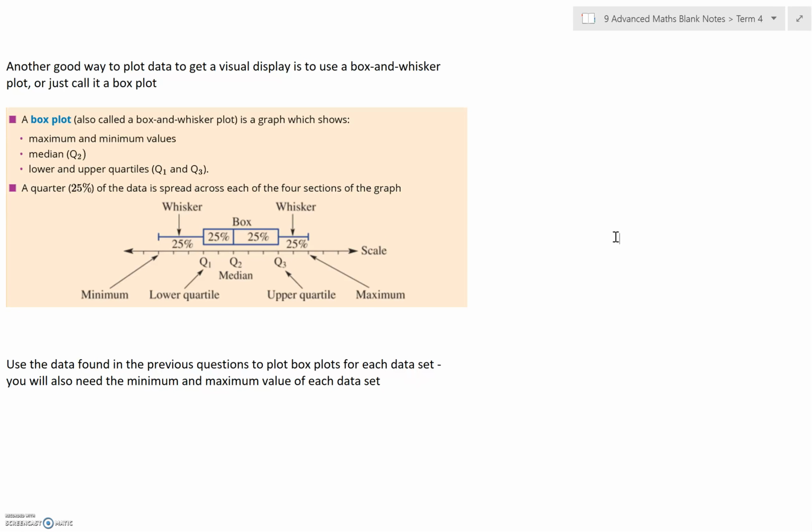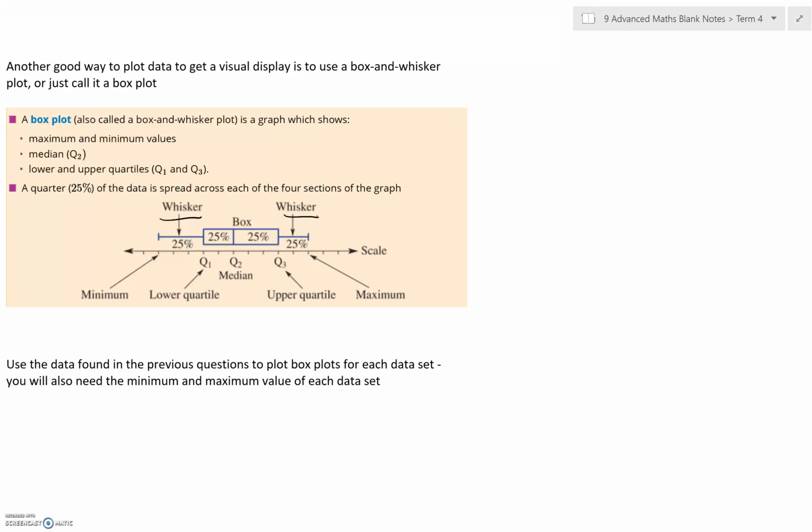It splits our data into 4 quarters, hence the name quartiles. A quarter of the data is spread in each section. The bottom and the top whiskers contain the lower 25% and the higher 25%, and the middle section, the box, includes the middle 50% of the data, and the line that goes down the center is the median, which is how that is split.